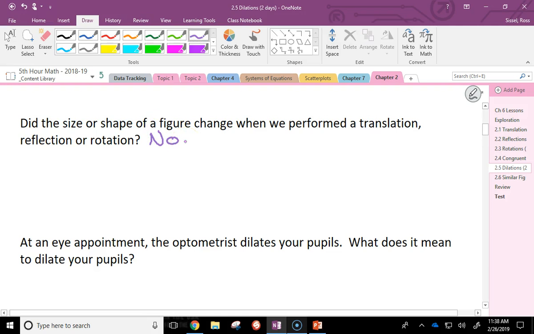And for the extra points, the ones I'm going to do at Starbucks, can anyone tell me what we called yesterday the translation, reflection, rotation? It was a two-word name. Do you remember it? It should be in our little folder if you don't remember. It's two names. No, congruent figures.